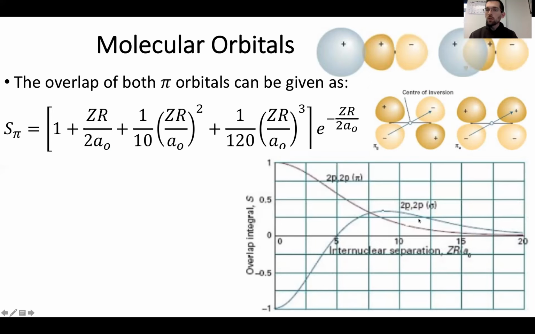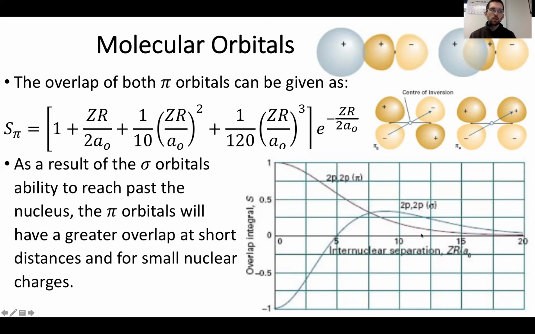But it is worth noting at this point, it turns out that my overlap for my sigma bond is much better than my overlap for my pi bond. This is a very important consequence because under these conditions, my sigma bonds are able to reach past the pi bond much better because this pi bond with its oblique overlap isn't going to be great.